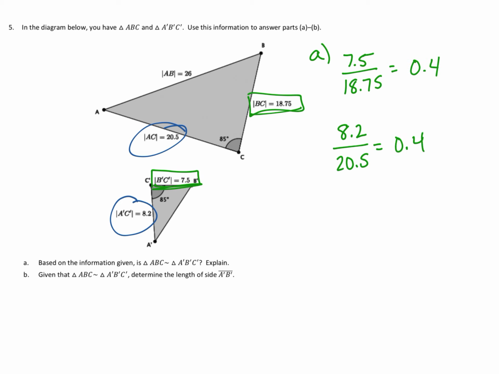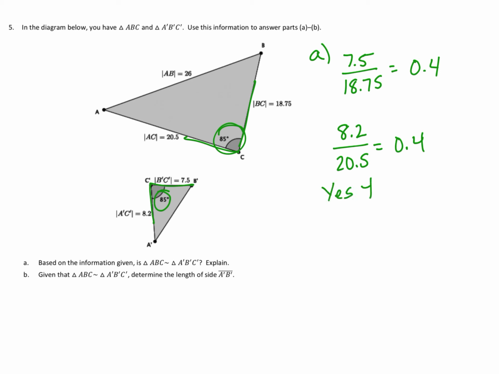And these both come out to 0.4. Because we have two sets of side and the angle in between, we can say these are similar.